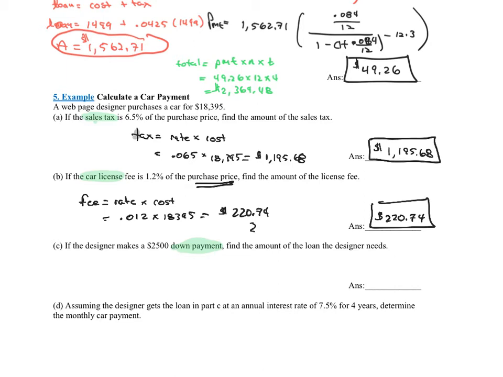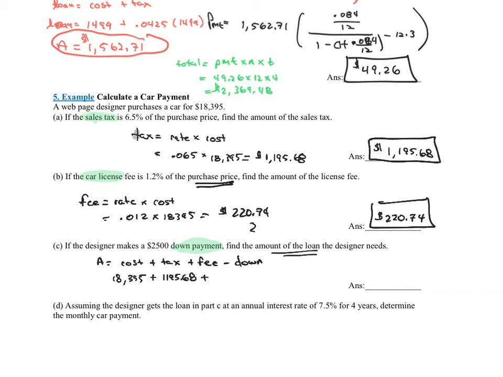It says find the amount that they need to loan. To determine the amount that they need to loan, which is A, you're going to do the cost plus the taxes plus any fees, but then you're going to subtract off any of the down payment. In this case, the cost of the car was $18,395. The taxes we determined was $1,195.68.